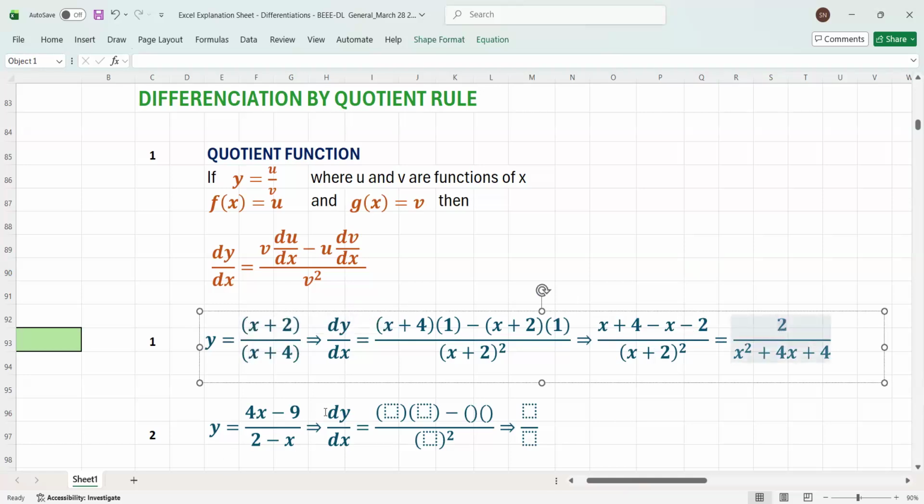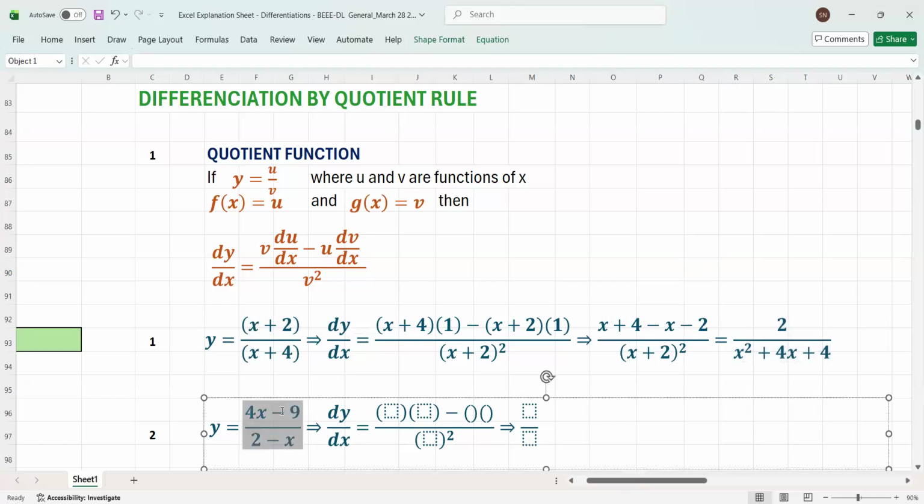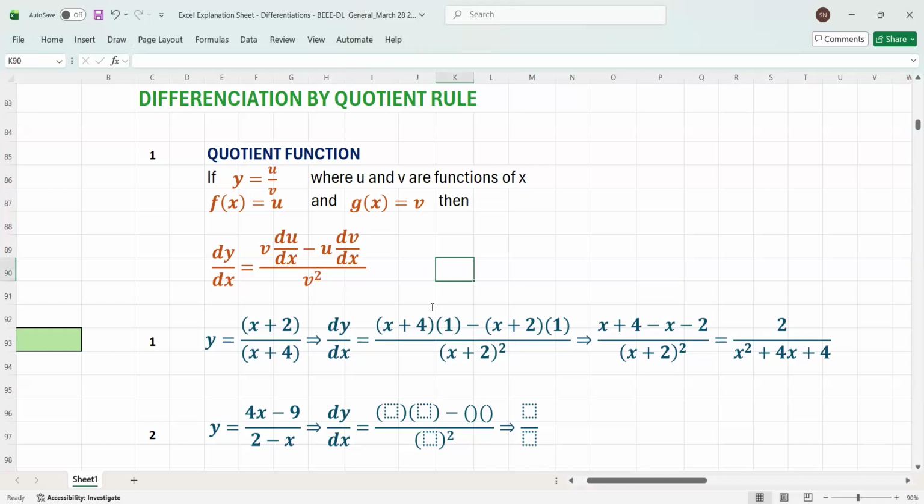One more example. This time my numerator is 4x minus 9. My denominator is 2 minus x. Okay, so remember, Ernest, your hand is up. Yes, sir. So good afternoon. In the first example, the v, is it not x plus 4? Yes, the v is x plus 4.